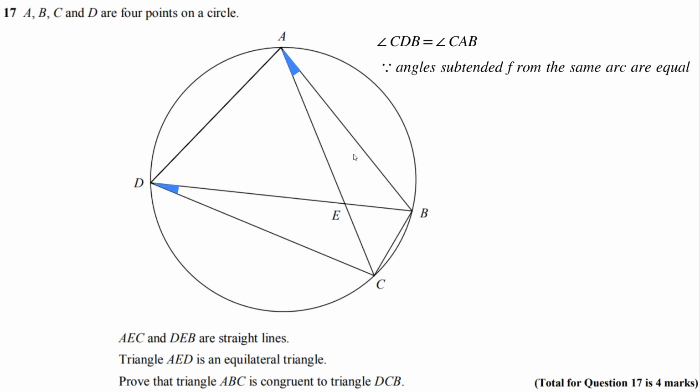I'll show you why that helps us in just a second. Because of this triangle and this triangle, we've got one angle already the same. We can do the same thing here, because we've got another chord here. We've got an arc, so angles subtended from the same arc are equal. So here I can say that we're going from here to here, here to here.